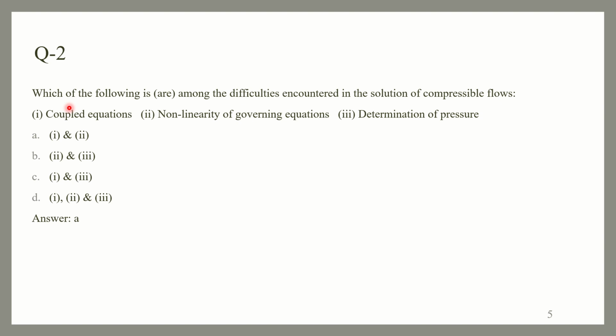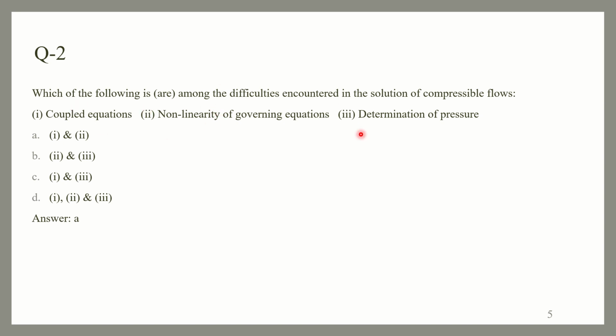We call it a coupled equation because pressure and velocity are both present in a single equation, and thereby we cannot solve it independently. So these equations are coupled, pressure and velocity are coupled, so it is not solved separately. Therefore, it is a difficulty encountered during the solution of compressible flows. So coupled equation is true.